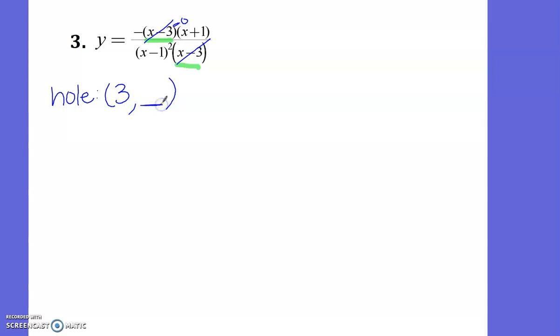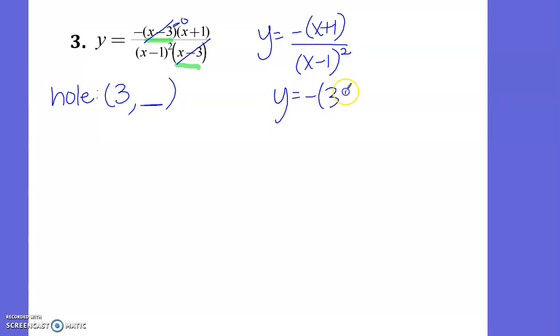In order to find the y value, I take this rational function and I'm rewriting it with that factor removed. I'm going to plug in that x value and solve. So I get -4/4. So my y value is -1. So I'll put that on the graph as an open circle.